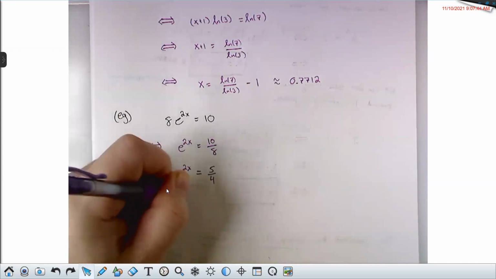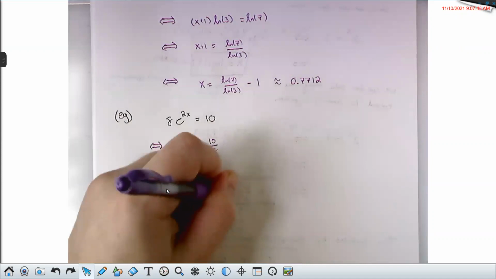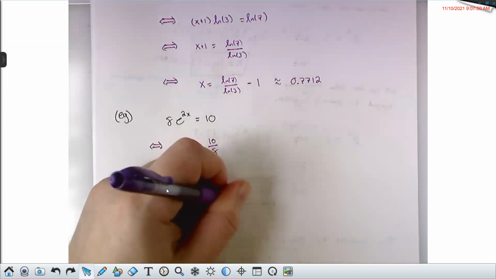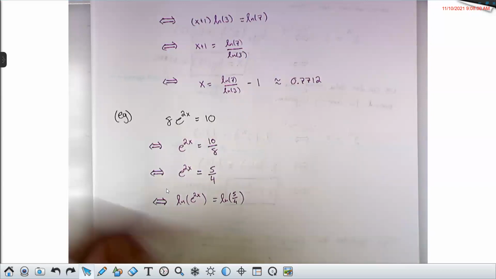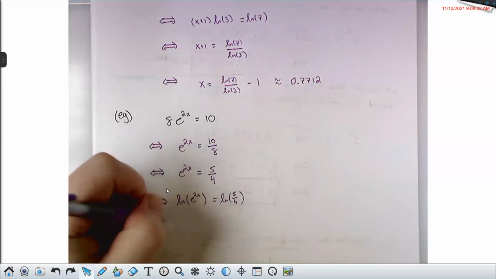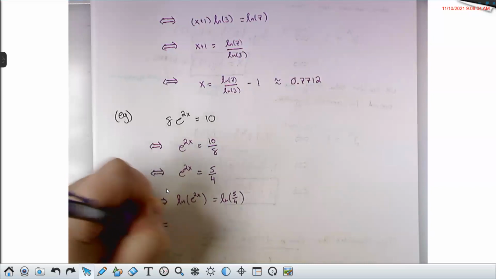And then I can take logs. So the ln of e to the 2x on the left and the ln of 5 over 4 on the right. Again, I'll always use the natural log. There's no reason to use any other log. Here, using the natural log is ultra nice. What is the ln of e to the 2x?